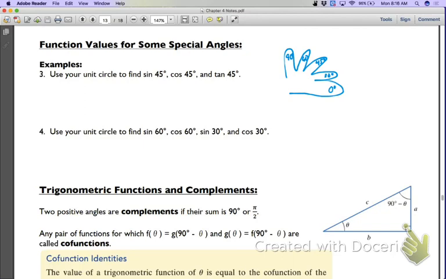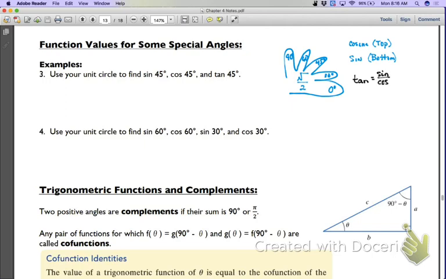Remember that cosine of anything is going to be on top, and sine of any value is going to be the bottom set of your fingers on your hand. Remember that everything is square root over 2. So it says use the unit circle to find sine of 45 degrees. And last thing, remember that tangent is just equal to sine over cosine.